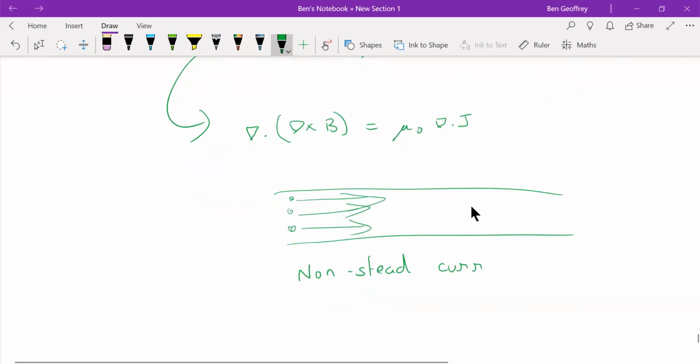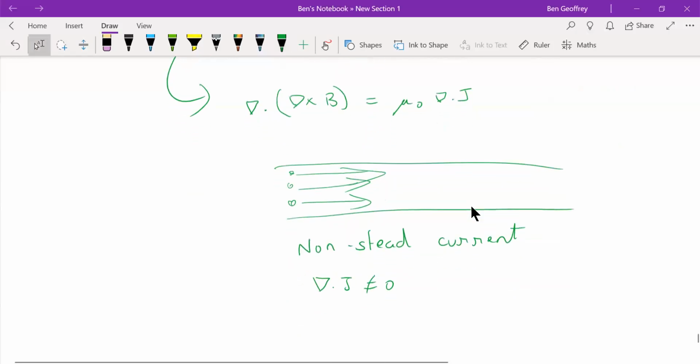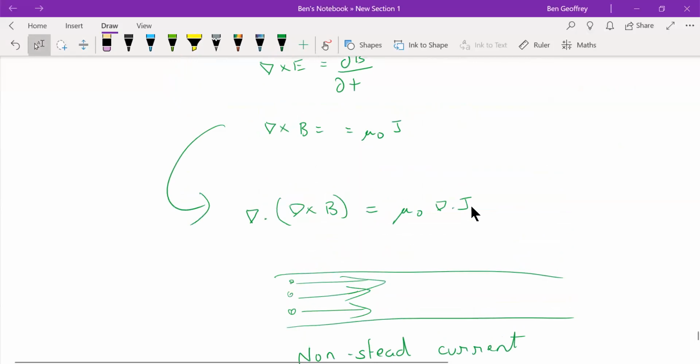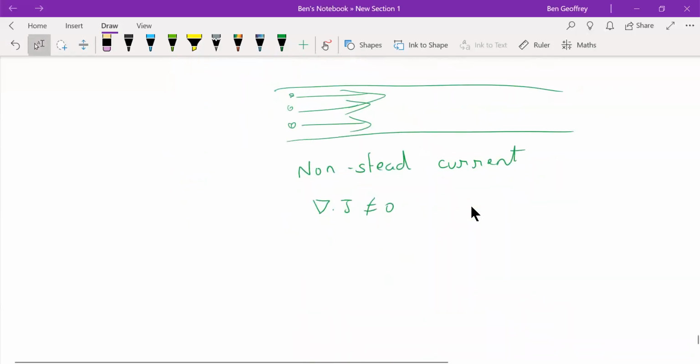For non-steady currents, del dot J is not equal to zero, and therefore this equation will become a problem. This equation will not hold true. So Maxwell fixed this equation. How he fixed this was by introducing a term he called the displacement current.